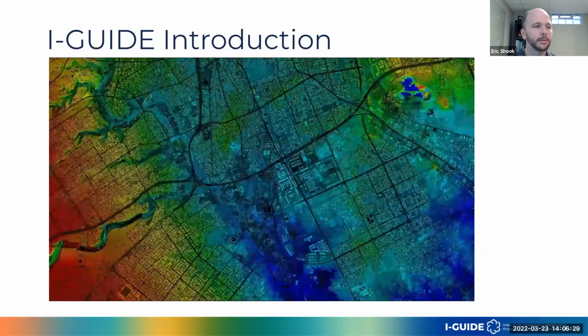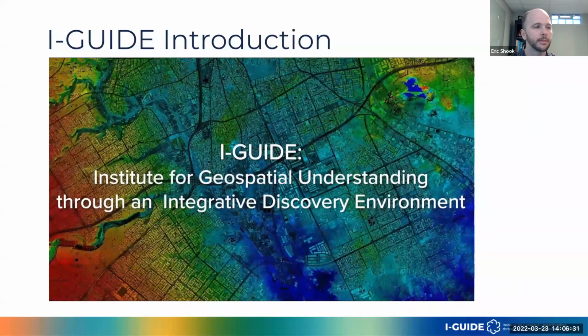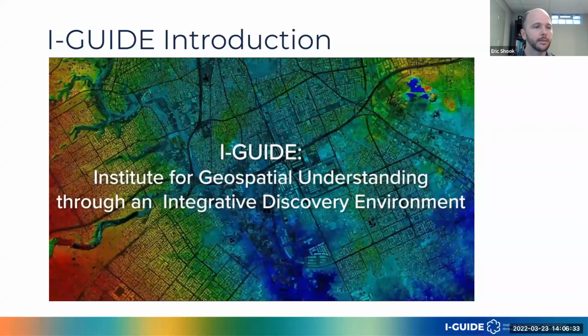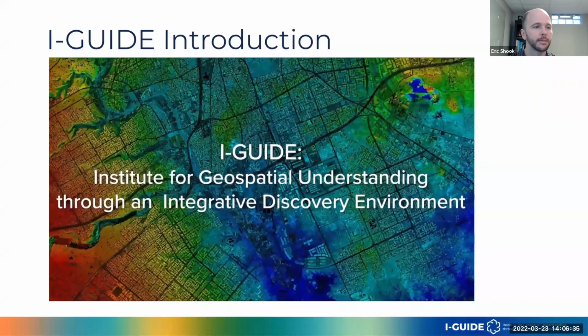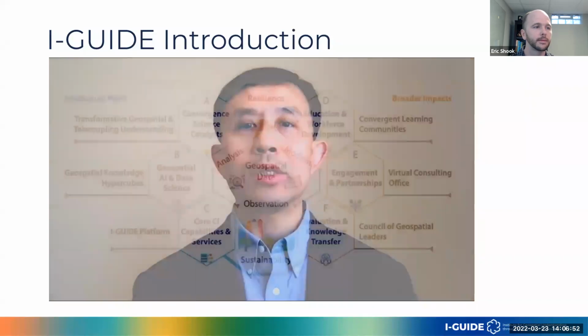I-GUIDE stands for the Institute for Geospatial Understanding through an Integrative Discovery Environment funded by the National Science Foundation. We aim to address these challenges by revolutionizing how geospatial data are harnessed across many science domains, ranging from social, behavioral, and economic sciences to geo and environmental sciences, and to computer information and data sciences.